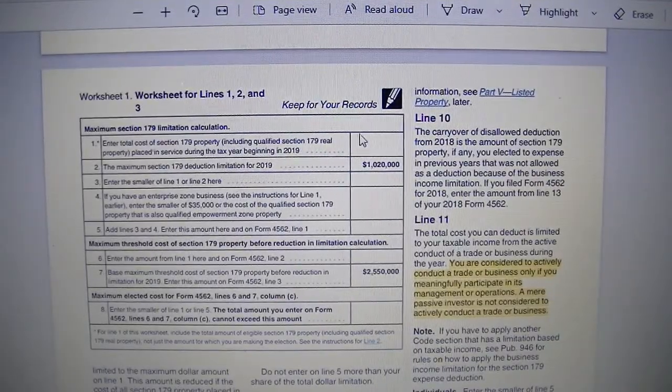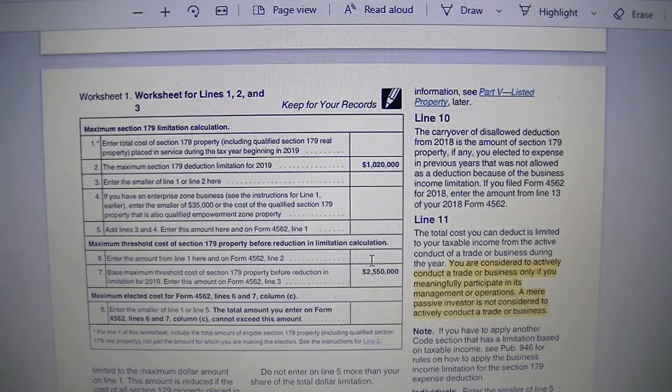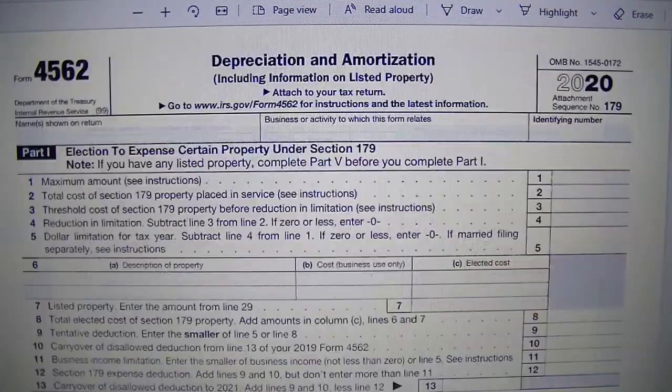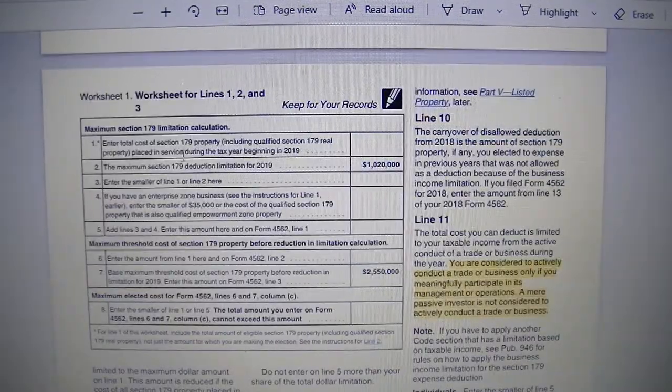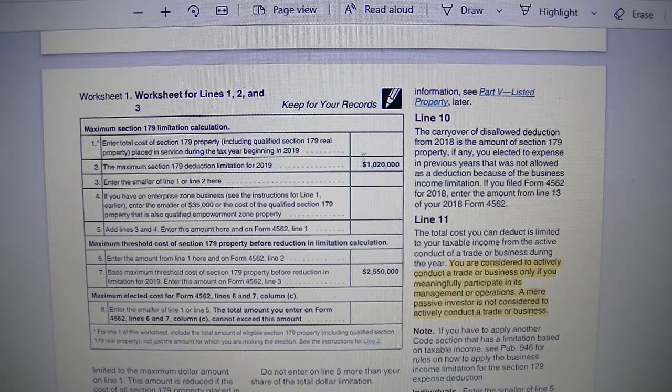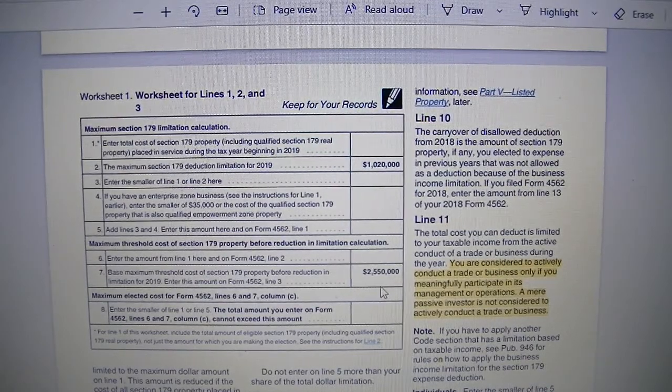So that's the amount on line 1 here. You'll put it on line 6, the total amount on line 1 of the worksheet will go on line 2. You are not limiting it with the maximum Section 179 just yet.